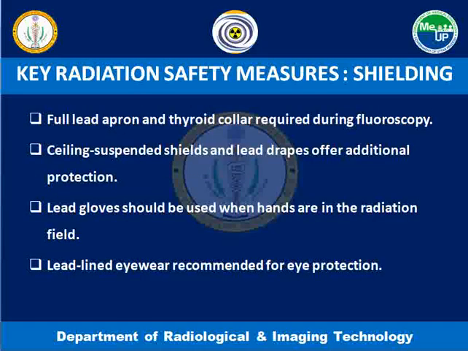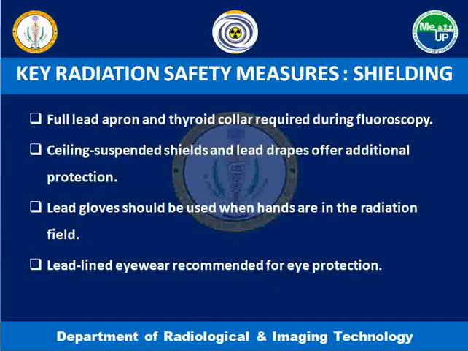Next, key radiation safety measures, shielding. Proper shielding is a critical component of radiation protection, ensuring the safety of medical staff and patients during fluoroscopic procedures. Wearing a full lead apron and a thyroid collar is mandatory for healthcare professionals involved in fluoroscopy, as these protective barriers significantly reduce radiation exposure to vital organs.